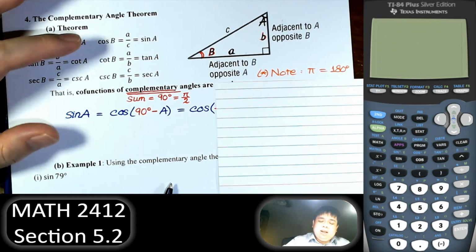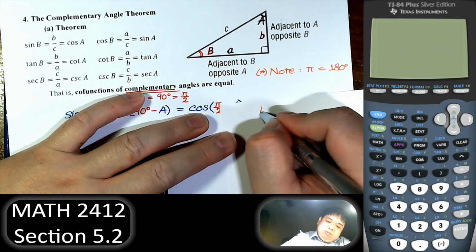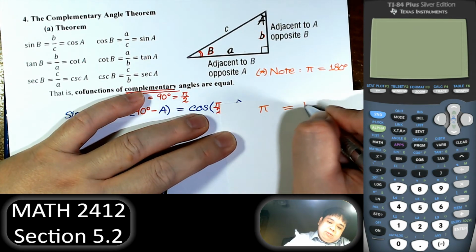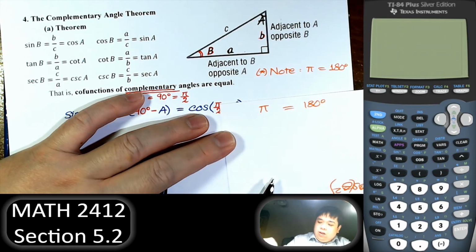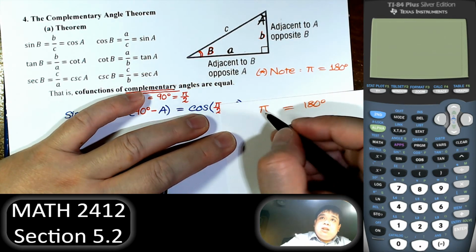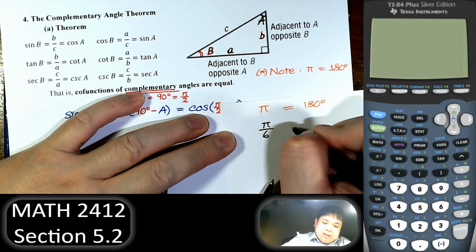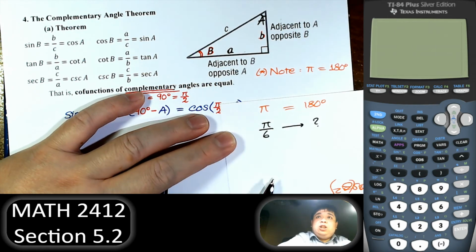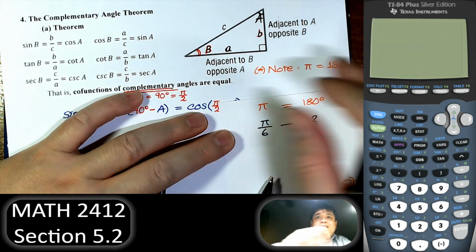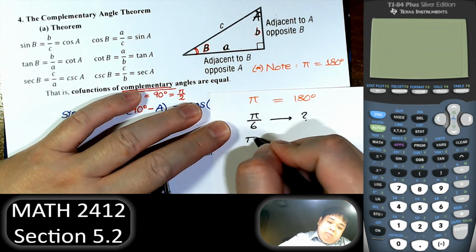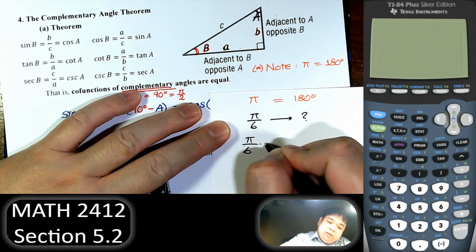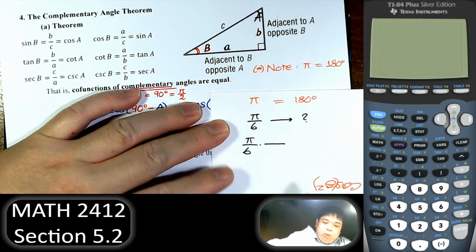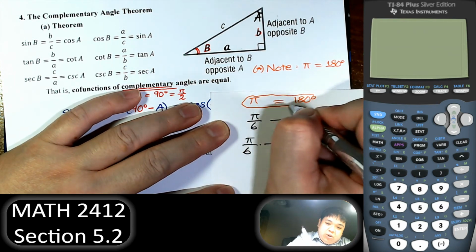Pi radians is equal to 180 degrees. And then let's say we have pi over 6, then what's that equivalent to in degrees? Well, that is easy. If we want this in degrees, we're going to take this ratio.